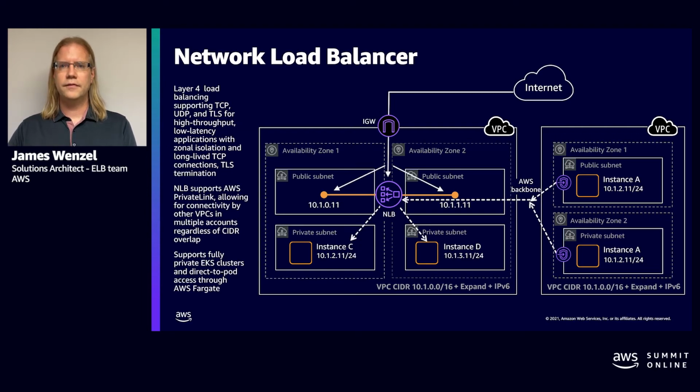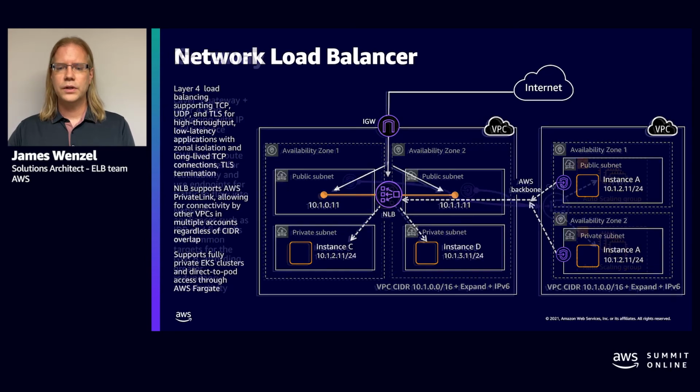You'll notice that the VPC on the right has the same type of addressing as the VPC on the left. That's because the way that the NLB operates, it uses the ENI, or Elastic Network Interface, the little purple things. It uses their ID for communications as opposed to the IP addresses. And each of those ENIs will actually get a local address in each of the subnets. So everything works out well.